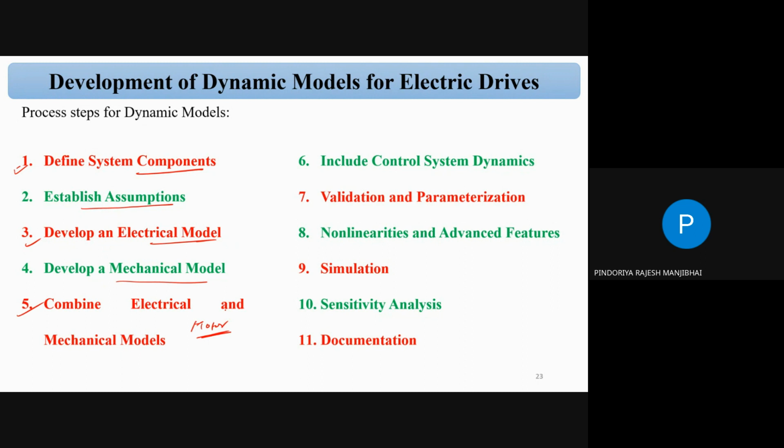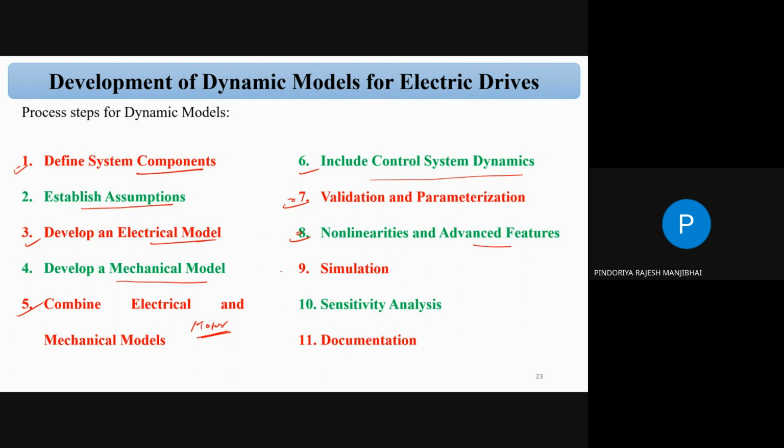So this is the fifth step. Then the sixth step includes the control system dynamics. Once the motor is ready, then we have to include the control system dynamics, correct. And then after that, validation and parameter estimation. Then non-linearity and advanced features. Suppose your motor operates in the non-linear region, then what do we have to do?